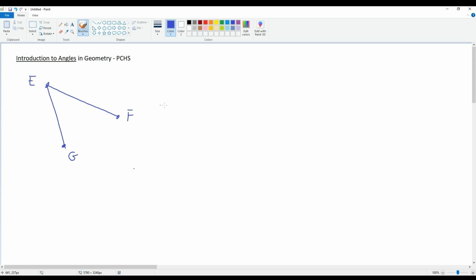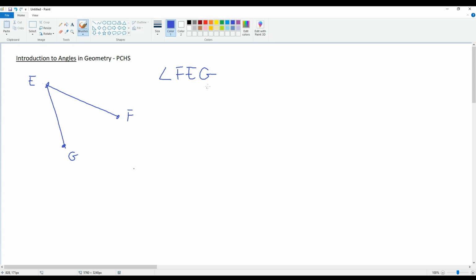Using the same angle, we will notice that we have 3 points over here, which we can call F, E, G. Now, in written form, we start with the angle sign, which kind of looks like a Pac-Man, but with a flatter bottom. We call it FEG.